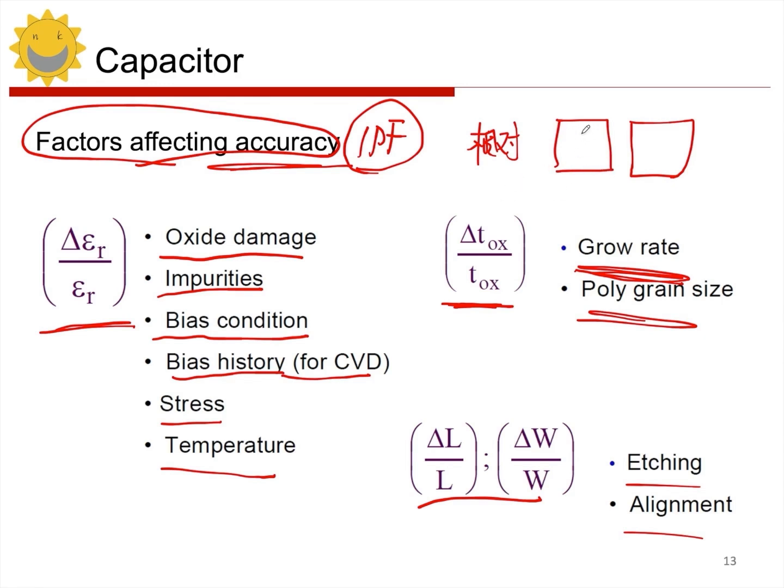We'll talk about matching later, and we'll cover this topic then. When it comes to matching, we'll talk about how to make these two components as consistent as possible. So, while absolute accuracy is hard to achieve, relative accuracy can be done quite well. In other words, it's very difficult to create a batch of capacitors that are all precisely the same, but I can definitely make two capacitors with similar values, and that's achievable.